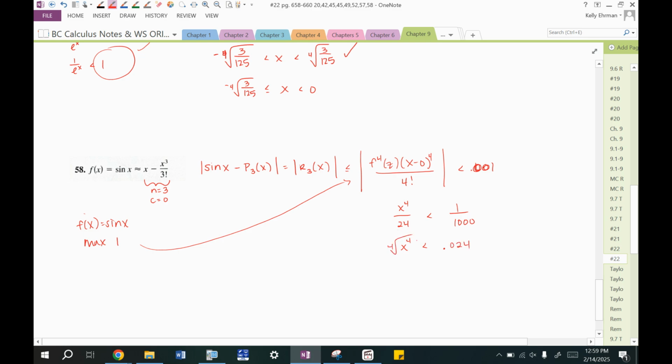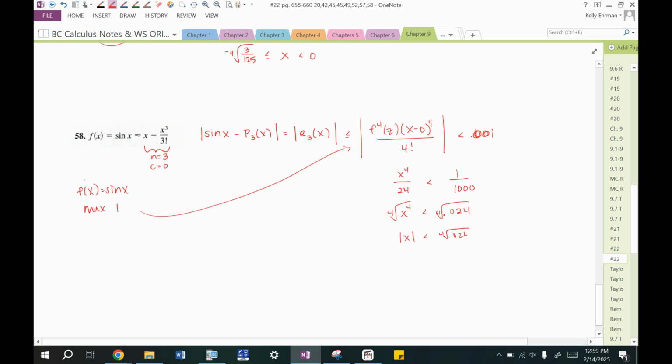If I fourth root that, I get an absolute value of x is less than the fourth root of 0.024. Oh, my pen just ran out. Hold on. And then you have to know to make that between positive and negative. So my answer is negative fourth root of 0.024 to positive fourth root of 0.024.